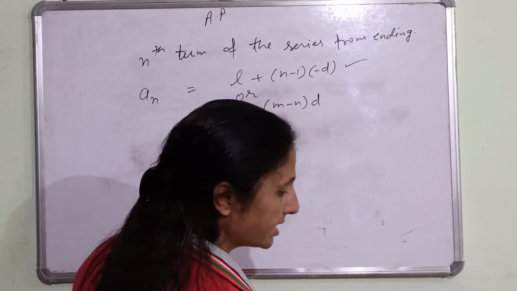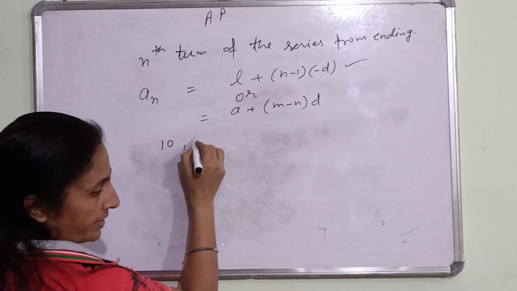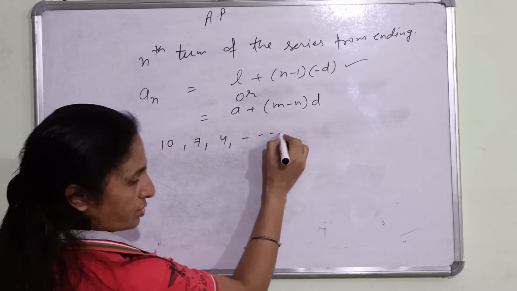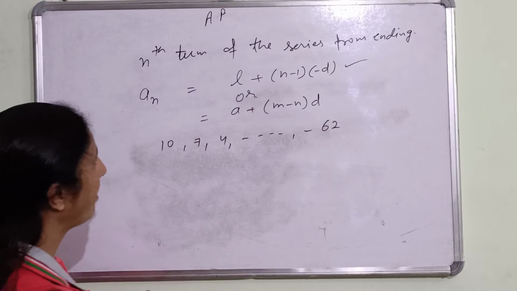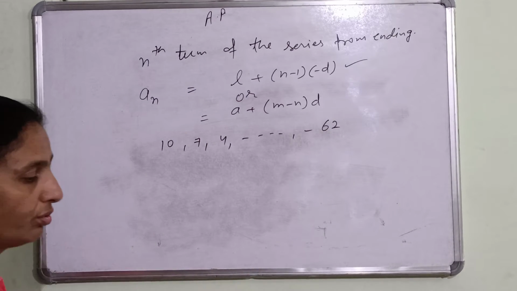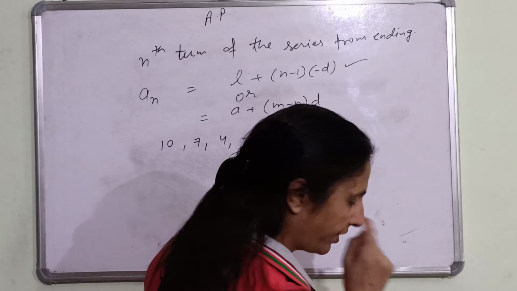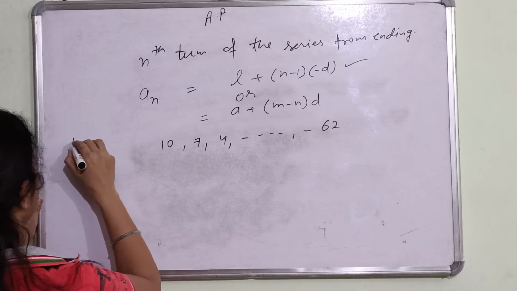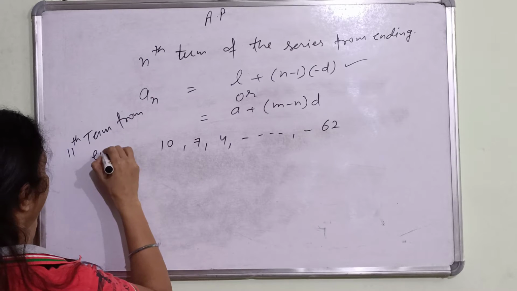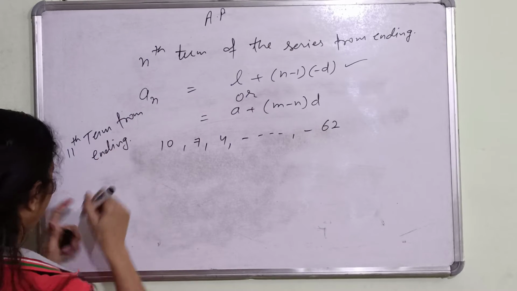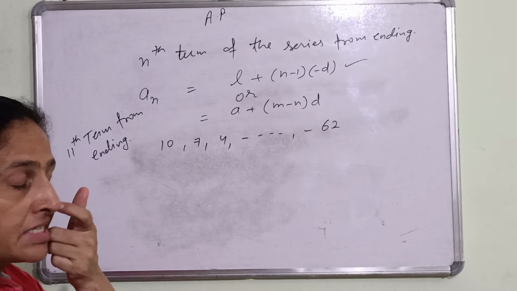So I have the series 10, 7, 4 and so on, up to minus 62. We have to find the 11th term from the ending of the series, right?